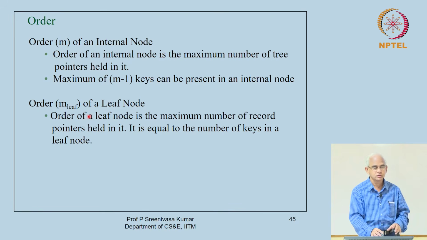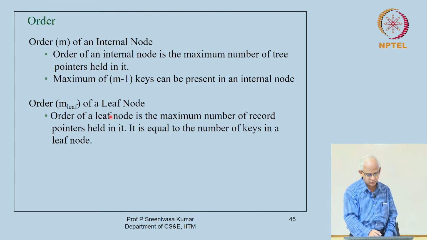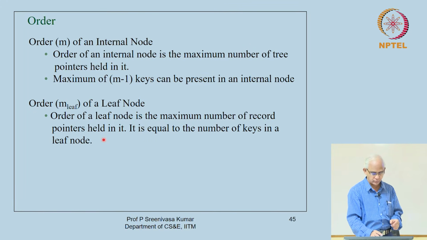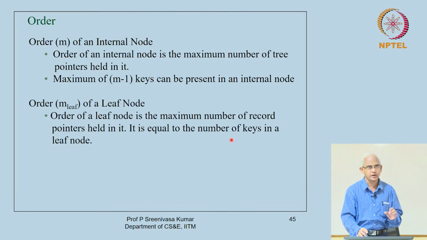Now, for the leaf nodes, the order is different. So, we write it as m leaf. The order of a leaf node is defined as the maximum number of record pointers that are held in it. It also holds the key, the value of the search attribute, and the corresponding record.